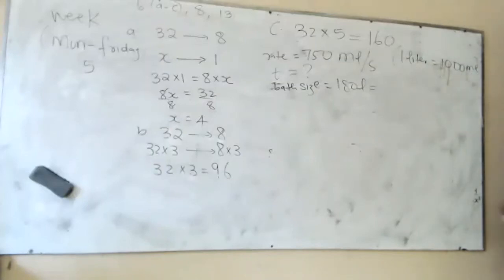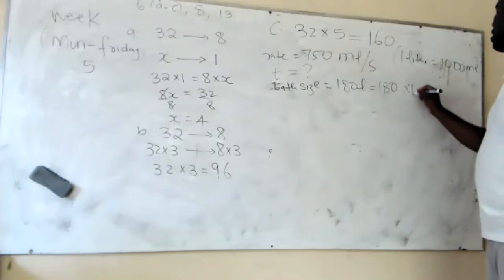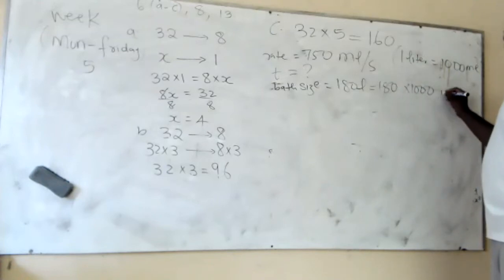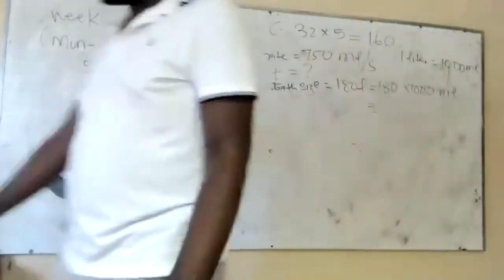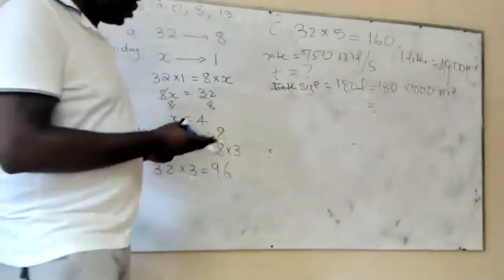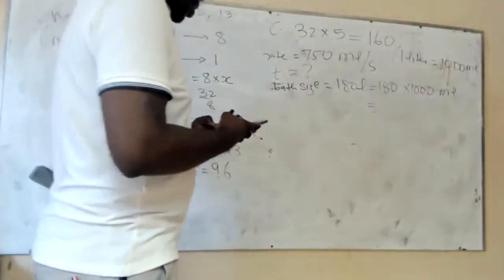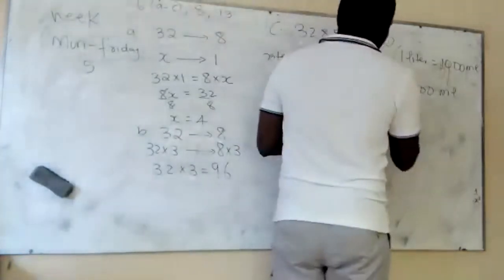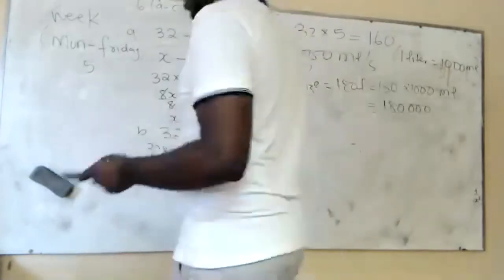So you need to multiply here. You're going to have 180 multiplied by 1000 milliliters, of which we must use a calculator for sure to deal with that question. So it's going to be 180 multiplied by 1000, which will give us 180,000. So this is 180,000.